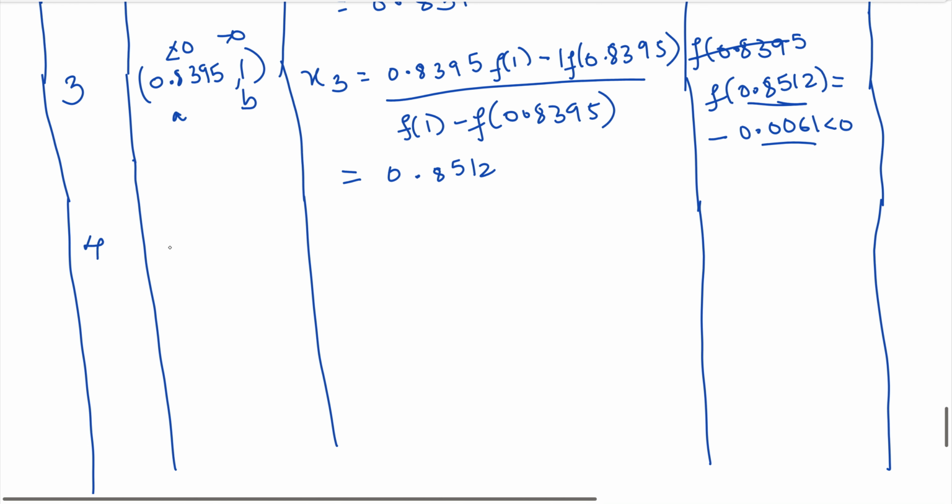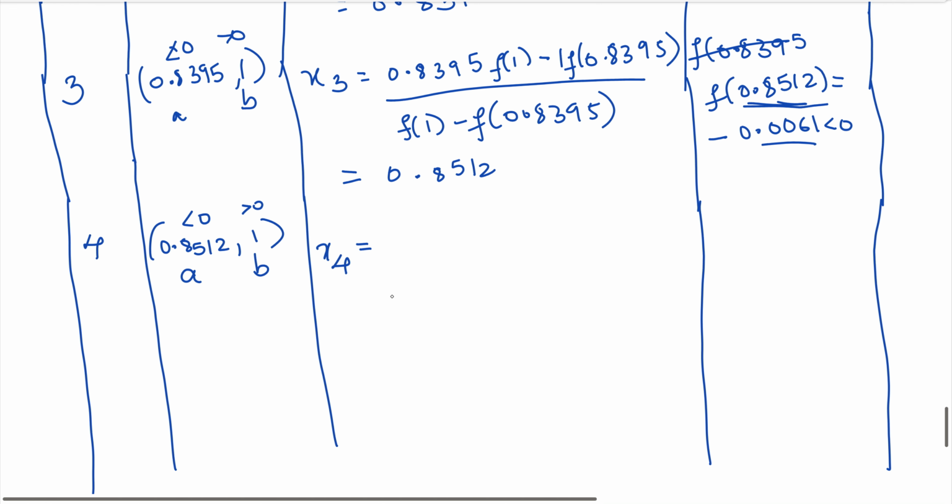So now in the fourth iteration, since this x is giving us less than 0, previously whatever was giving us less than 0, we are going to replace that with the new x value. So 0.8512 comma 1. So this was giving us less than 0, this was giving us greater than 0. This is A and this is B. Now let's find out x4.